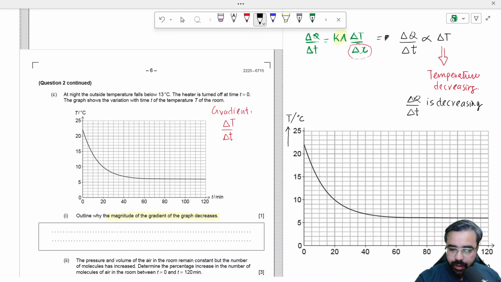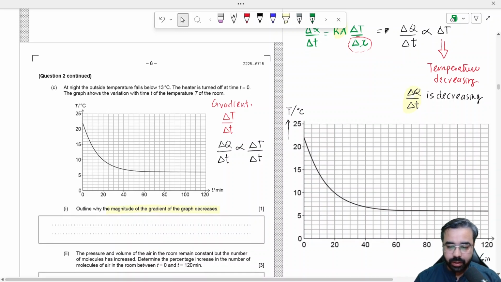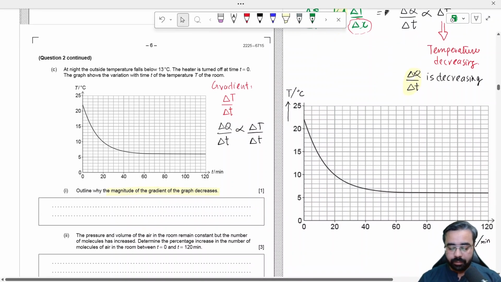Since the rate of transfer of heat delta Q over delta t and delta T are directly proportional, if one is decreasing, the other one is also decreasing, right? That was the understanding analyzed from the equation.